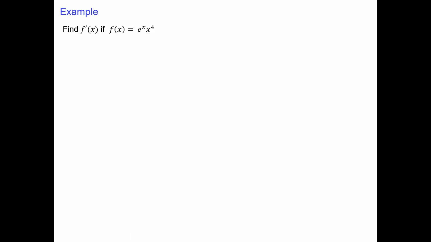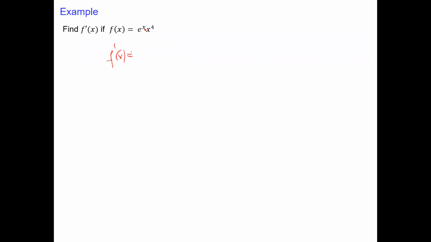Okay, I have another example, for instance, this one. What's the derivative of the function e to the x times x to the power of 4? Please do not just differentiate one term and then another term, because the product dot is never printed.